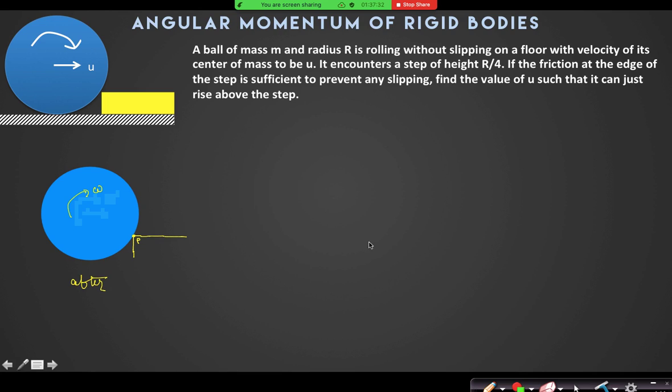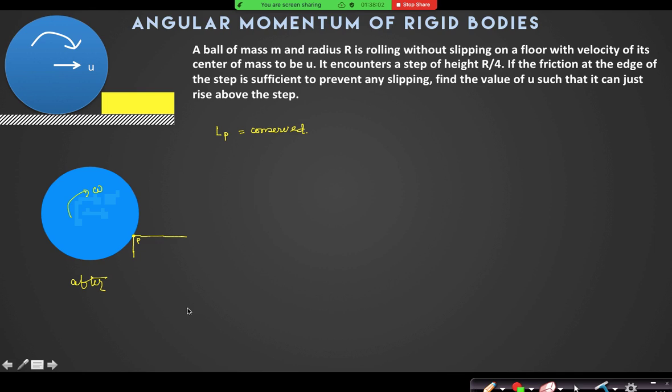It is the ICR point just after the collision, can I take it to be ICR? Yes. And before it was coming with u and omega. Angular momentum about P is conserved.